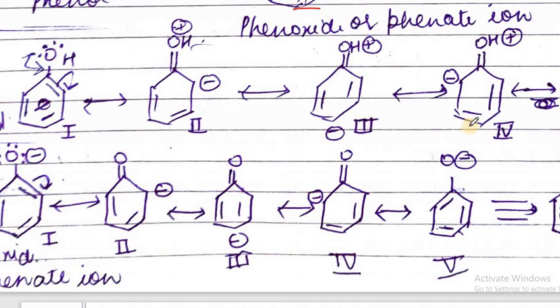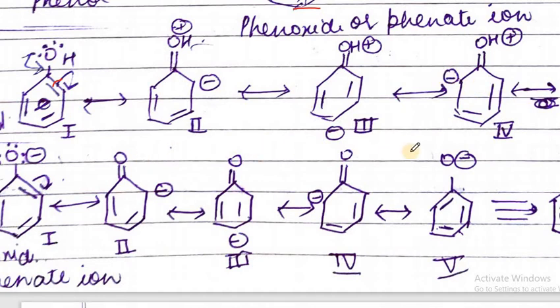Various structures can be drawn for phenol. If these electrons move towards this carbon, this carbon has a negative charge, with a double bond here. Due to the movement of electrons, the oxygen carries a positive charge. In the next structures, this moves to alternate carbons, then to this carbon, then this.